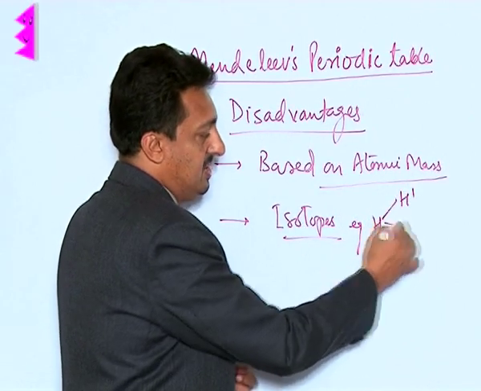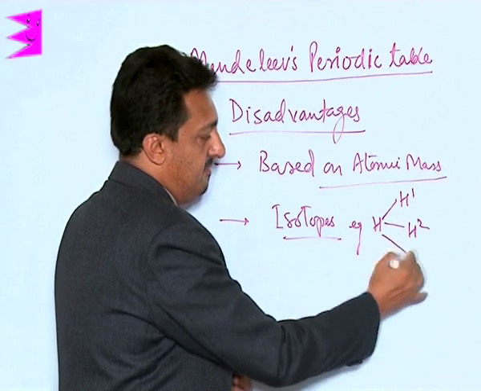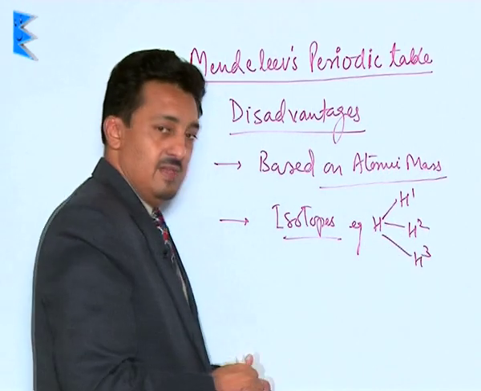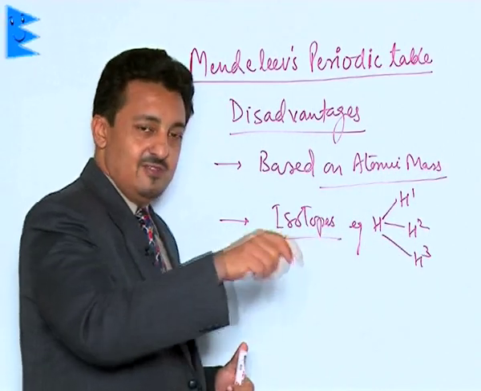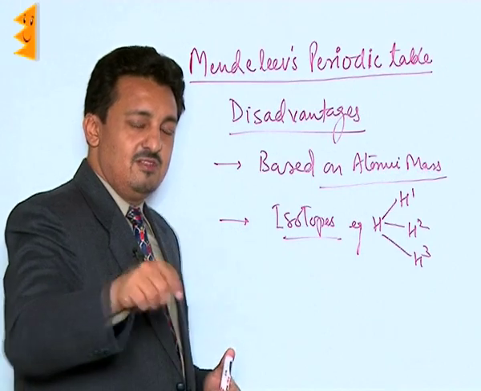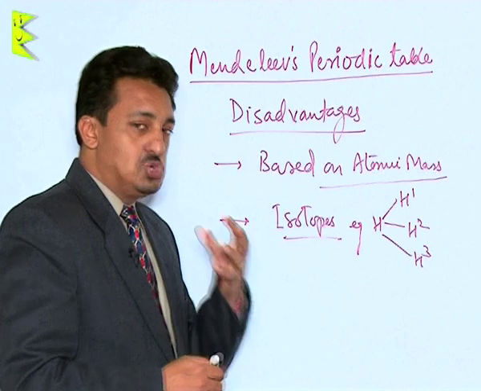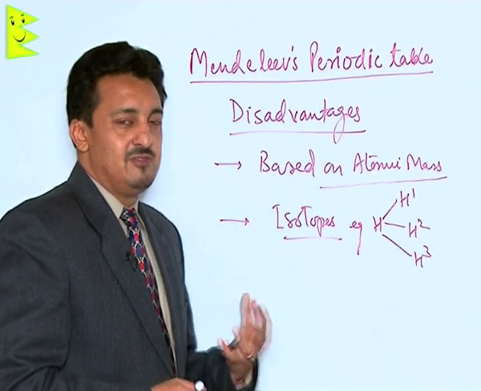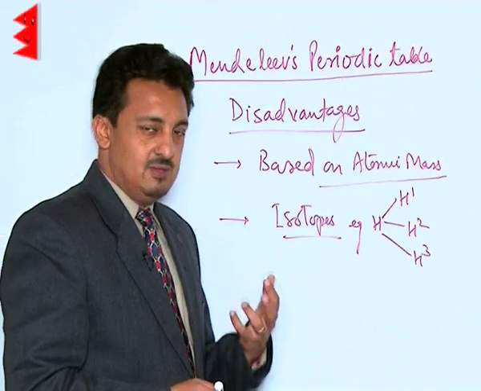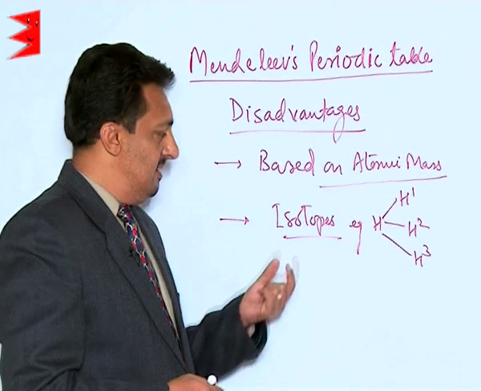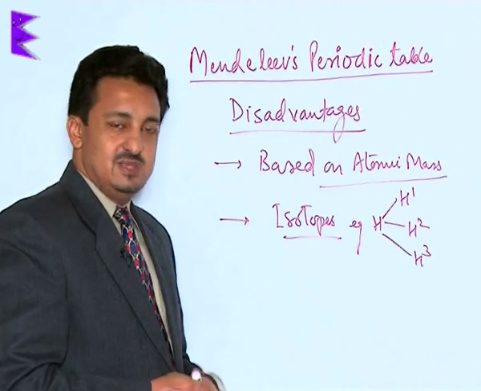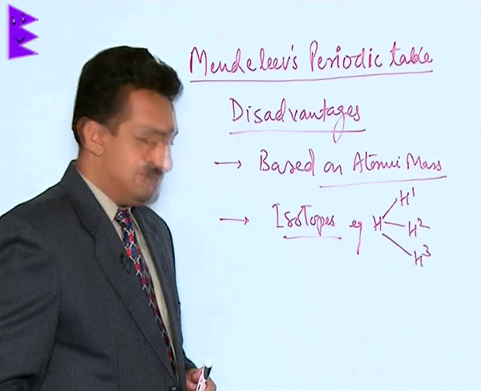Hydrogen has three isotopes: protium, deuterium and tritium. Can we then place hydrogen in three different groups according to the increasing order of atomic masses? That was not done. The issue of isotopes was not taken up by Mendeleev, and that is why this is one of the disadvantages.